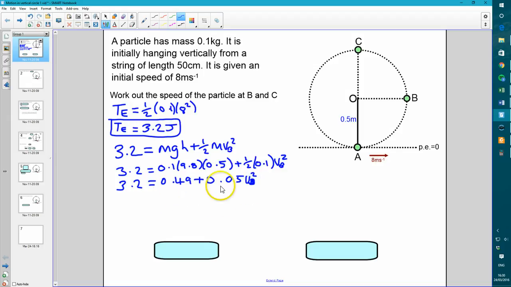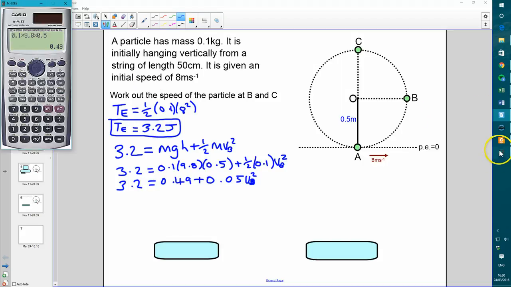Okay, so if I now do 3.2 take away 0.49 and then divide by 0.05, that gives me 54.2.